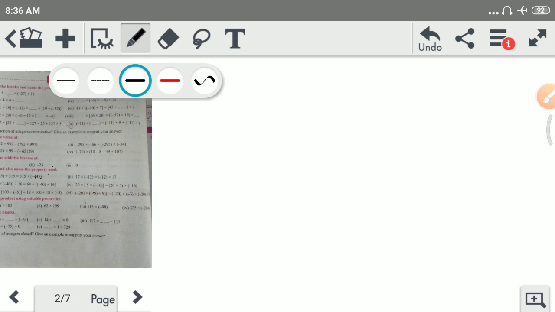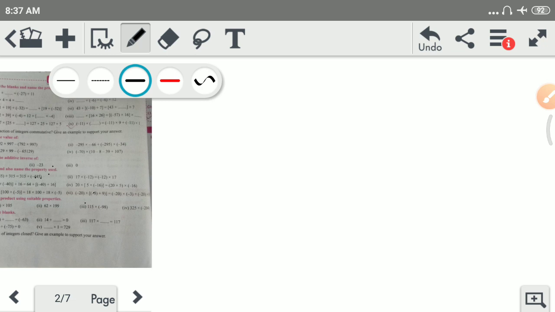Suppose 0, this is a special property, I mean special qualities that 0 and 1 have. You all know about that. 0 is a special digit, it has some different qualities, and 1 also. Yes or no? So let us see.